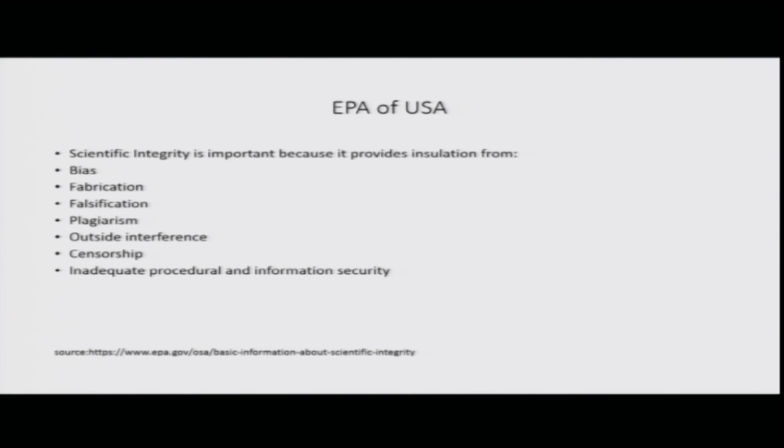So, according to the EPA of the USA, scientific integrity is important because it provides insulation from bias, fabrication, falsification, plagiarism, outside interference, censorship, and inadequate procedural and information security.